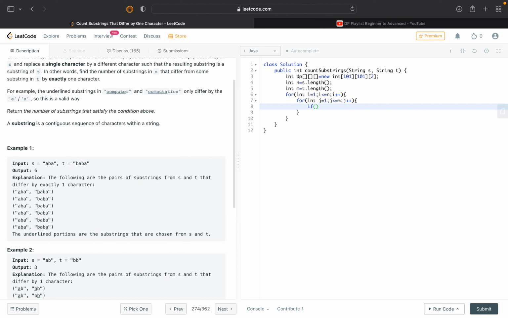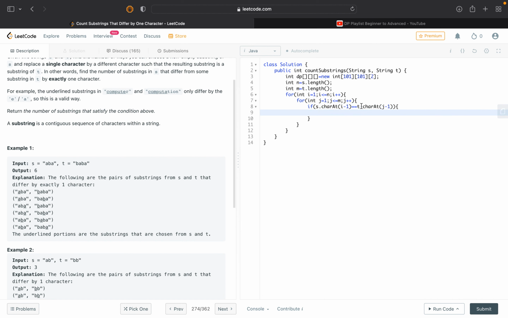Now I will check if s dot charAt of i minus 1, because I have started with 1, so that is the reason I am doing i minus 1, because it will give an exception otherwise, equals t dot charAt of j minus 1.